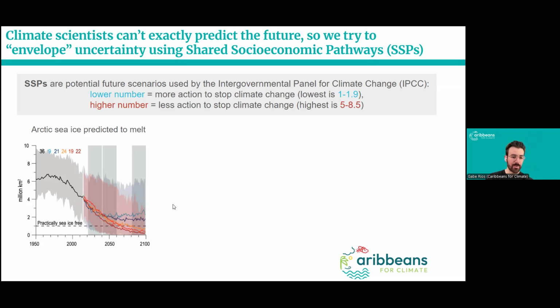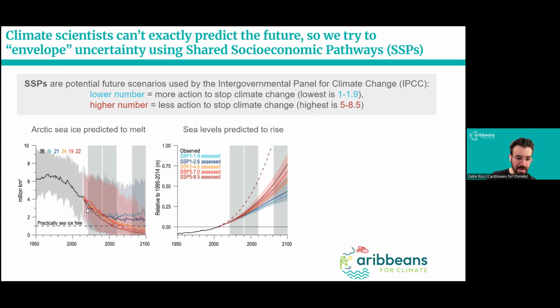This is showing the progression of sea ice coverage in the summer over time. And as you can expect, if we start to take action to mitigate the effects of climate change, we can preserve sea ice, even though it's still supposed to drop from current conditions. But if we continue on our path, we expect sea ice to fully melt in the summer by the end of the century.